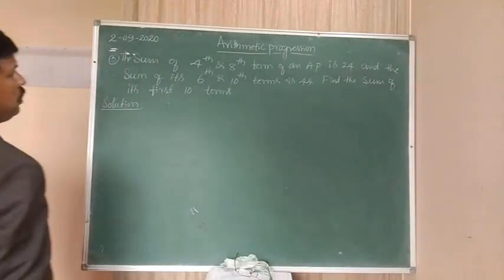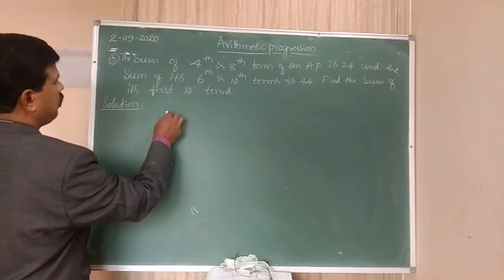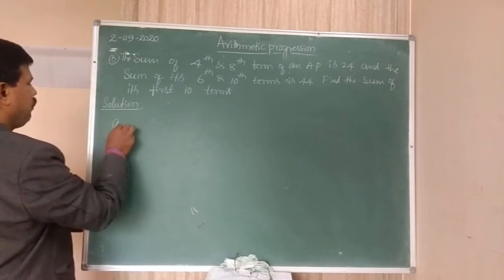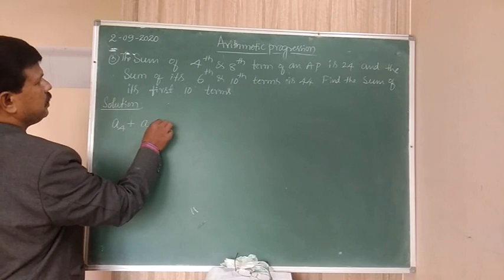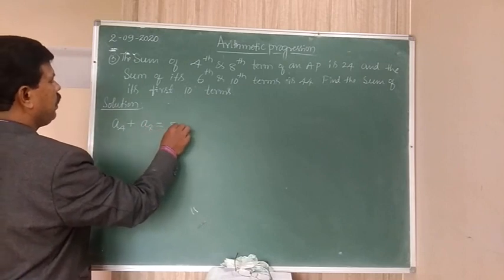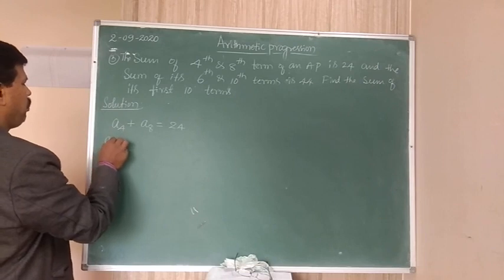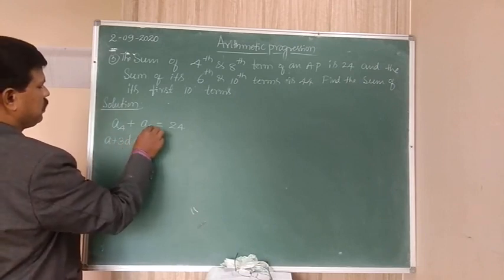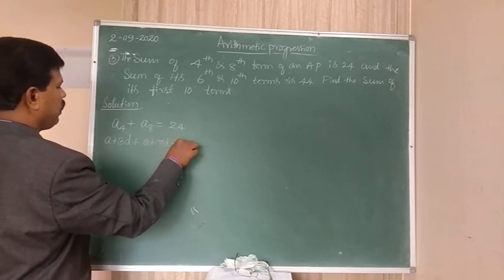Sum of fourth and eighth terms of an AP. That means here we should write like this. A4 plus A8 is equal to 24. And fourth term means A plus 3D plus A plus 7D is equal to 24.